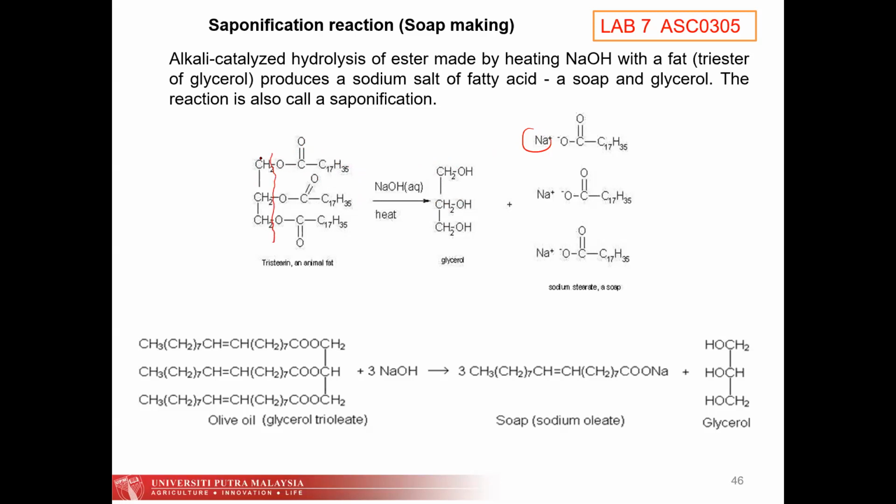This part will be substituted with sodium. It breaks here. This part produces glycerol and this part produces sodium stearate, which is a soap.